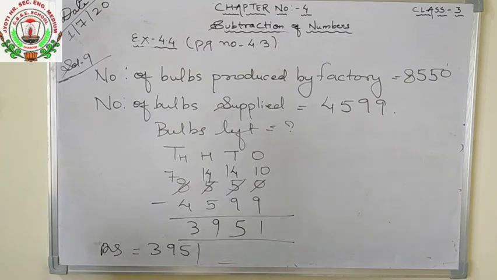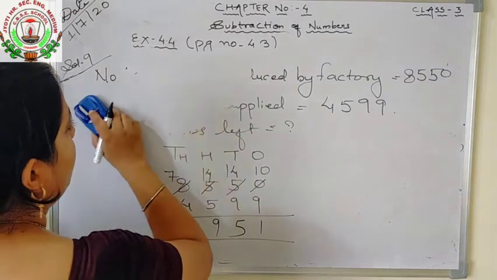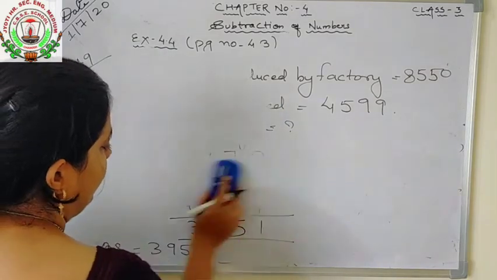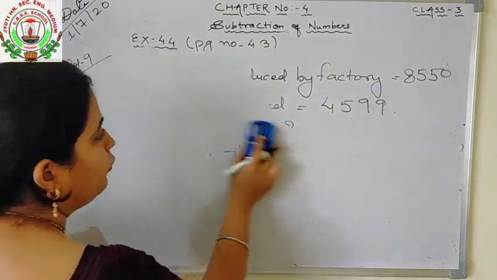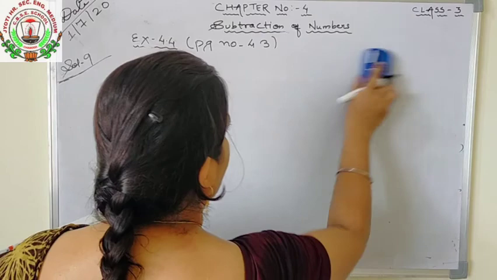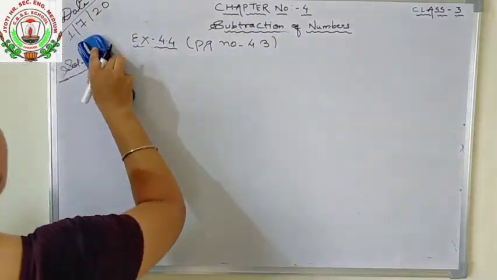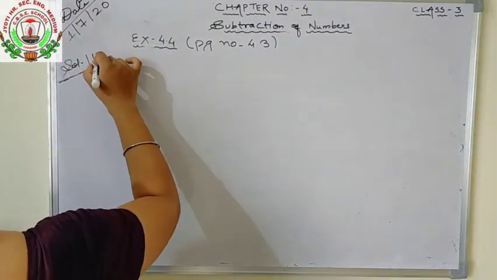Question number 10 is, what is question number 10? The sum of two numbers is given and one number is given to you. You have to find the other number. Okay. Question number 10.